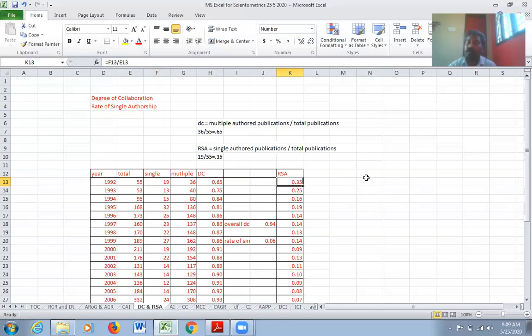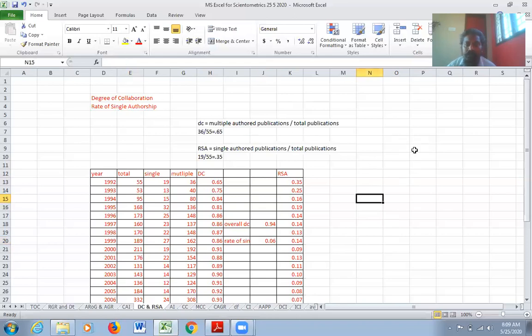That means out of 100 papers published in 1992, 35% of the papers are born out of single author contribution. If you total degree of collaboration and rate of single authorship, that will be equal to 100. Fine. So we can do this for all the years, and you can even calculate the mean rate of single authorship for the entire period also. Fine.